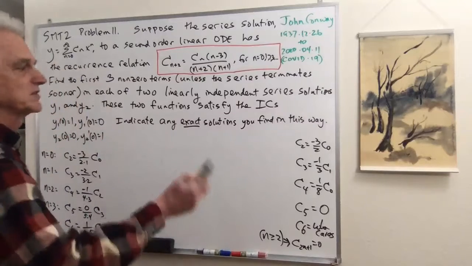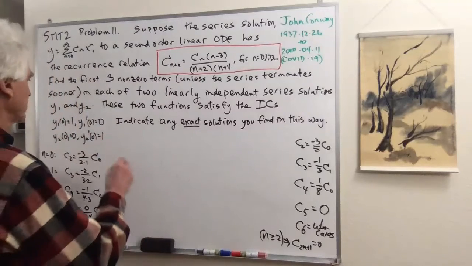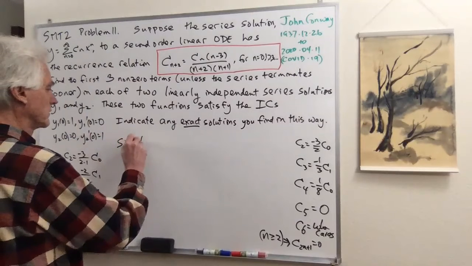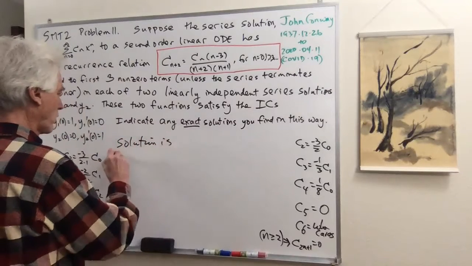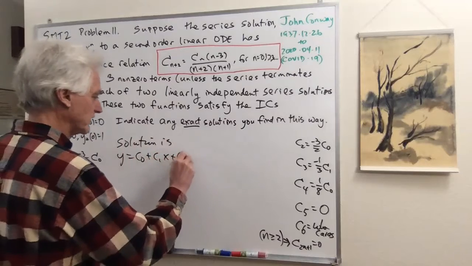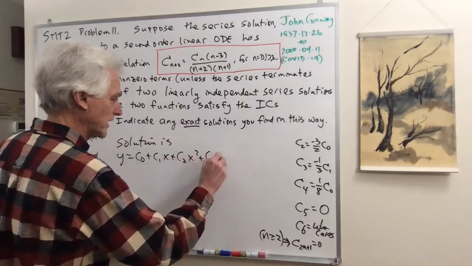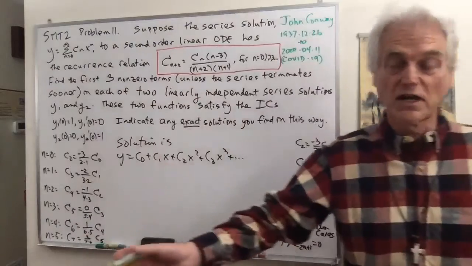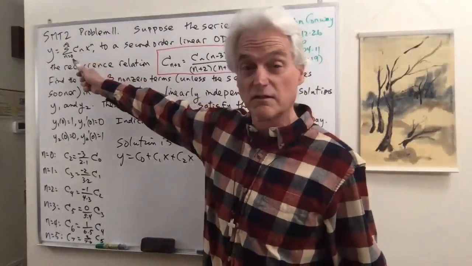All right, so now let's just write down the solution. Let's not forget the solution is y is c0 plus c1x plus c2x squared plus c3x cubed plus ... Let's not lose sight of that. That's what we're doing the whole time. That's what this says.